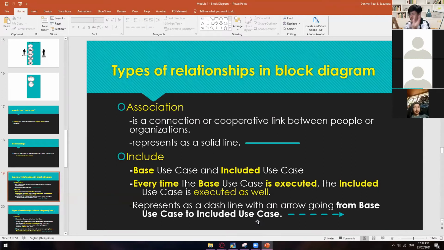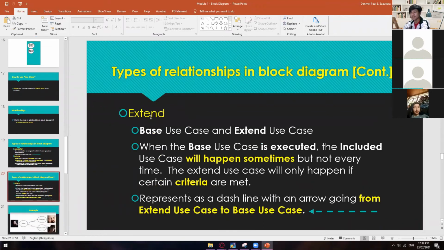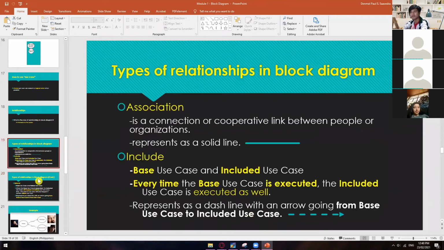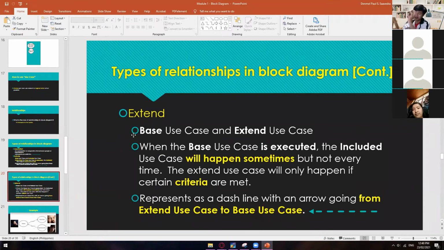That's another representation of relationship, which is the extend. Take note, when we see extend, it's not mandatory. That's how simple the explanation is. When we say include, it's mandatory. But when we say extend, it's still part of your system.